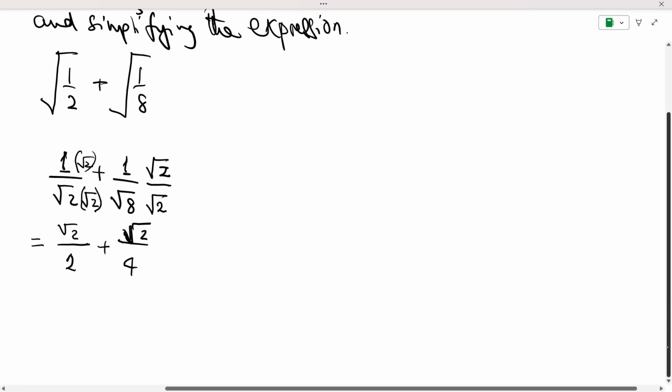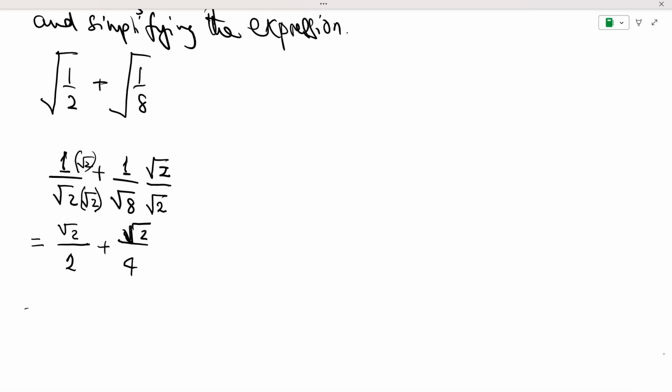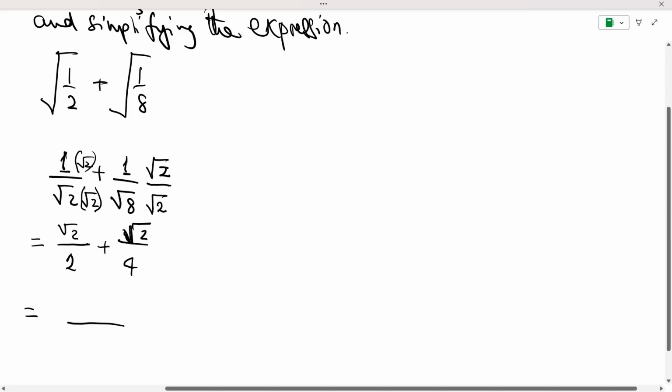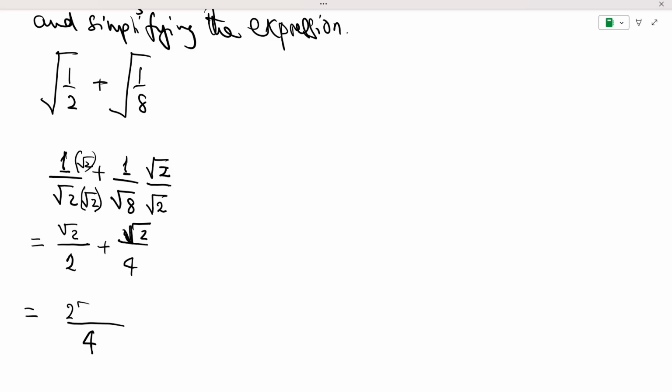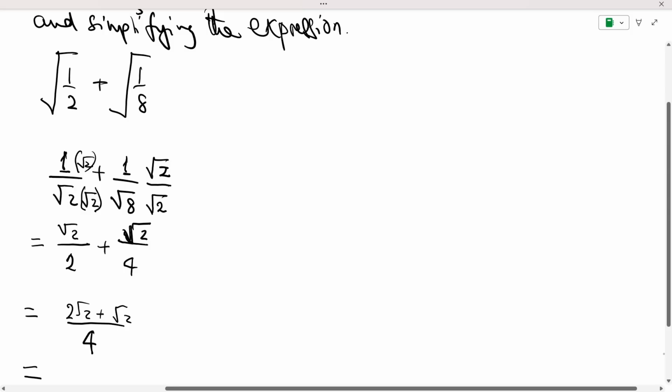And then we can do the ordinary arithmetic by adding the two. The lowest common multiple of the denominators will be 4. 4 divided by 2 is 2, times root 2 will be 2 root 2, plus 4 divided by 4 is 1, and 1 times root 2 will be root 2. So finally, we will get the top becoming 3 root 2 divided by 4.